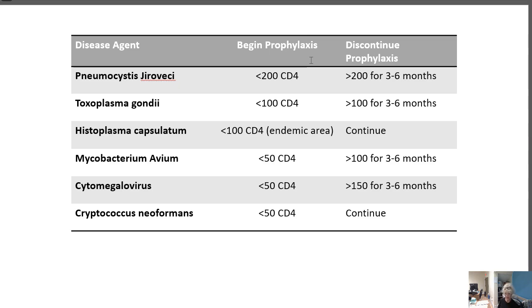We discontinue it once it becomes over 200 again, within 3 to 6 months. And probably a good question you should be asking yourself is why do people with HIV, why does their CD4 count wax and wane? Why does it go down? Why does it go up? And a lot of it has to do with their bodies. And Cryptococcus neoformans less than 50 continue.